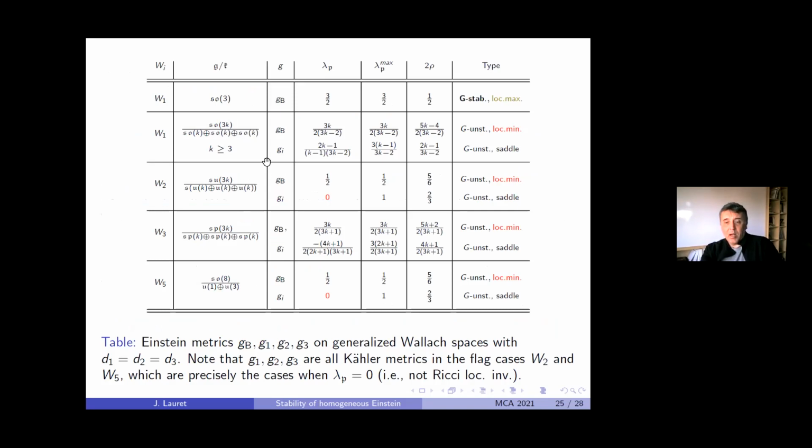These are some Wallach spaces. This is only the case where the dimensions of P1, P2, and P3 are the same.